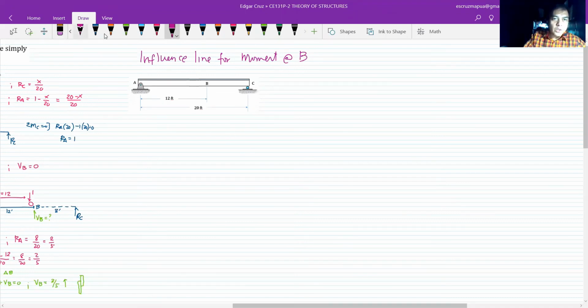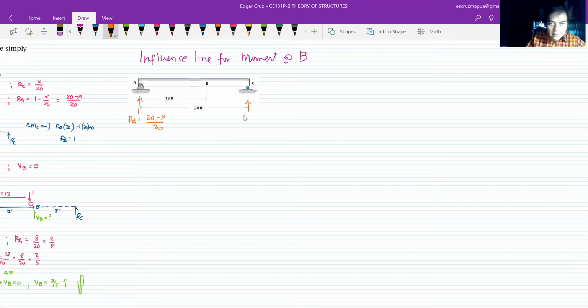Okay. So ganun pa rin, no? So, yung reaction natin dito sa function of x would be 20 minus x over 20. Tapos yung reaction sa C is x over 20. Okay, so this is the unit load.